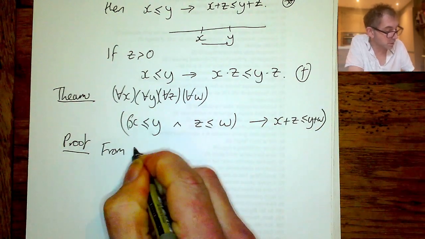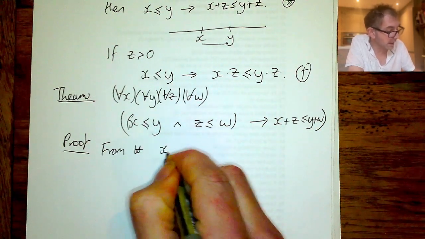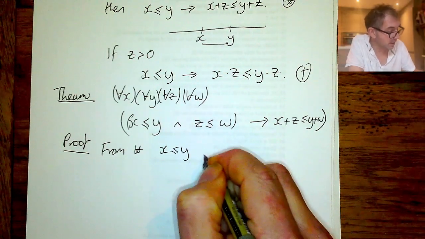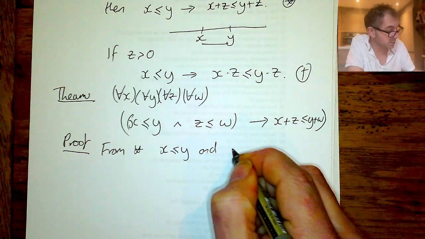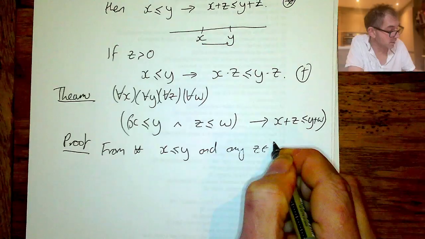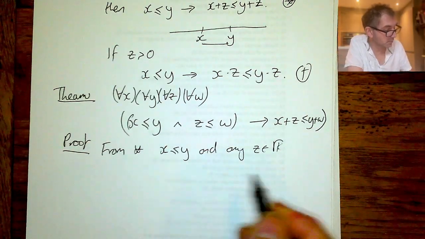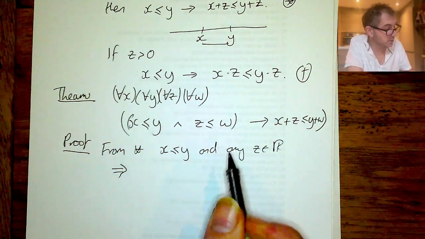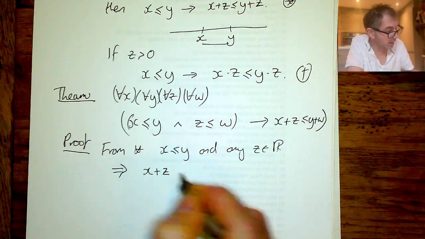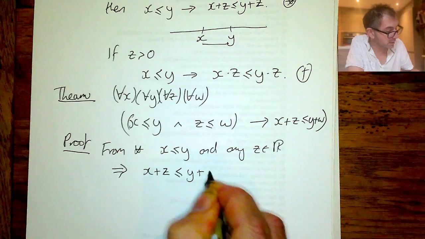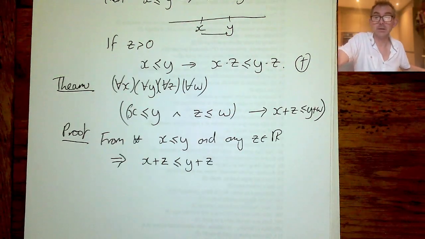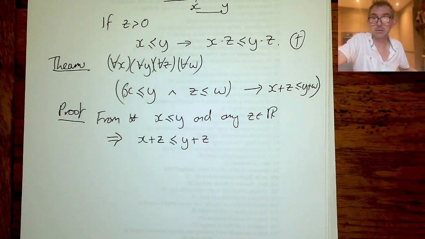So from star, x less than or equal to y and any z in R, already I'm going to use a modus ponens. From that I'm going to deduce x plus z is less than or equal to y plus z. Okay, so that is good.